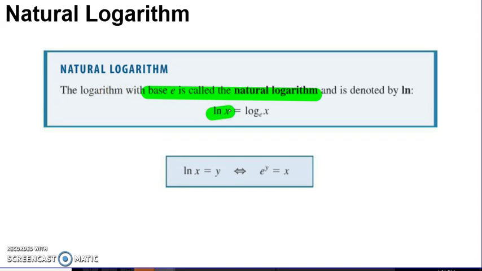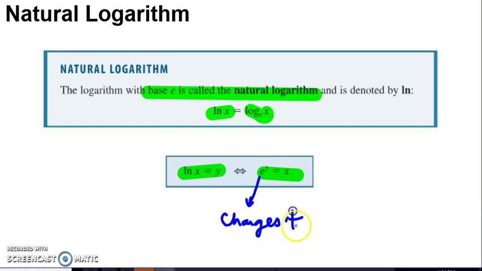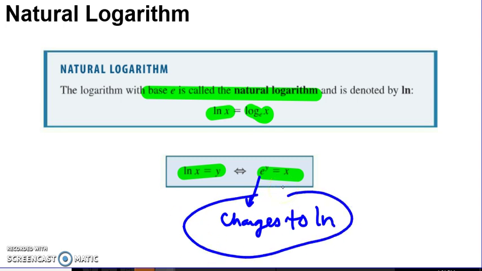So when you see ln x, that simply means it's the log with the base of e of x. Notice ln of x equals y can be rewritten in exponential form as e to the y power equals x. Remember, e changes to ln. That's just a key thing you may want to note down.